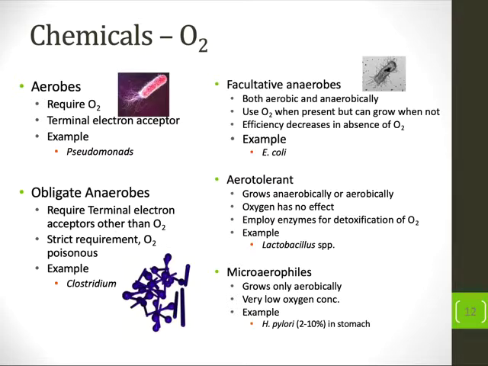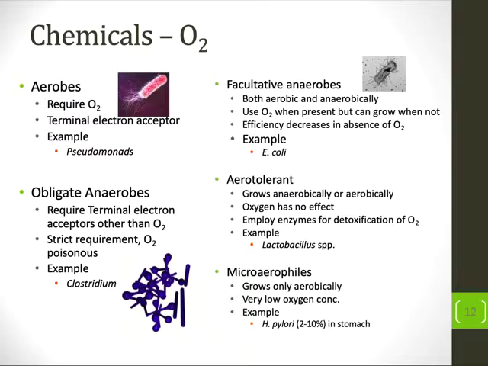For these obligate anaerobes, oxygen is poisonous to them. An example would be Clostridium tetani, that causes tetanus, and Clostridium botulinum, that causes botulism. So these are some of the examples of organisms that are obligate anaerobes.